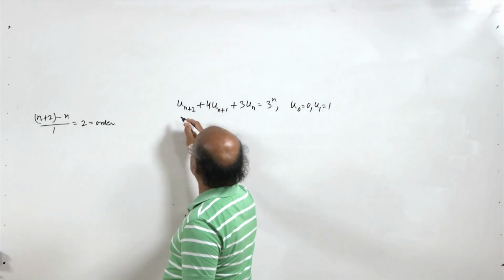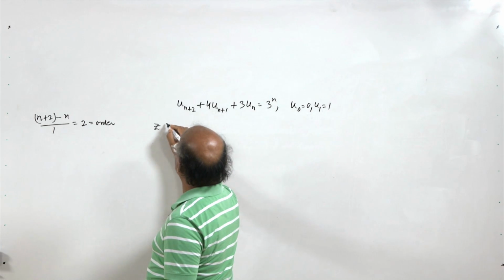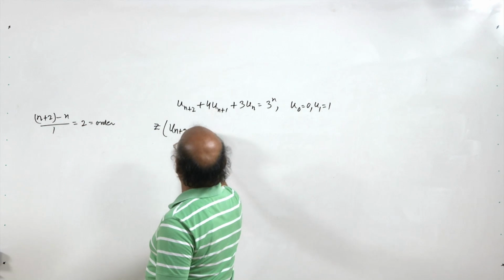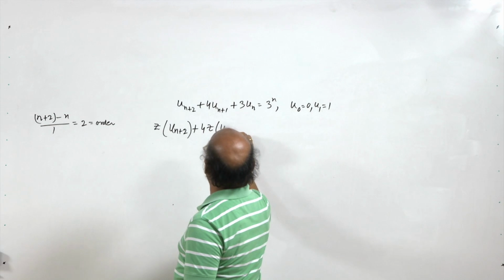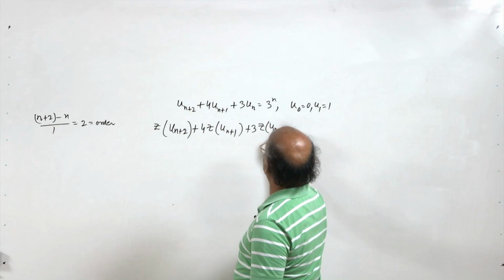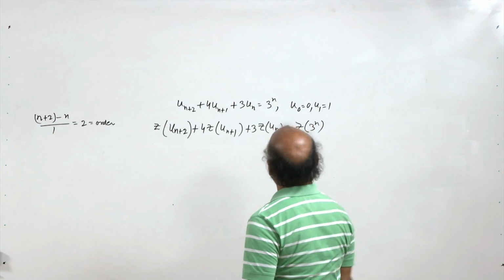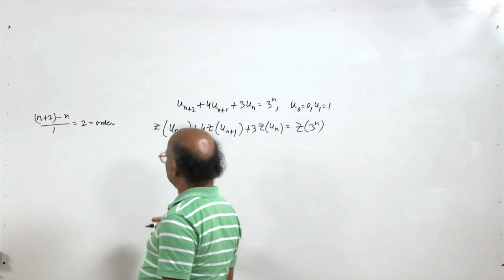Now let us take the Z transform here. The Z transform is a linear operation. So Z of un plus 2 plus 4 times Z of un plus 1 plus 3 times Z of un equal to Z transform of 3 to the power n. Now again let us apply the shifting of un to the left.